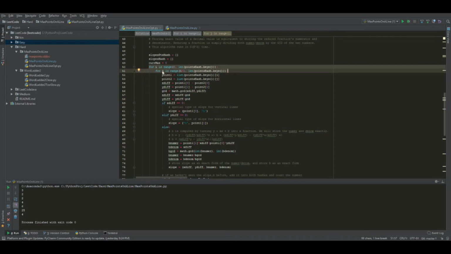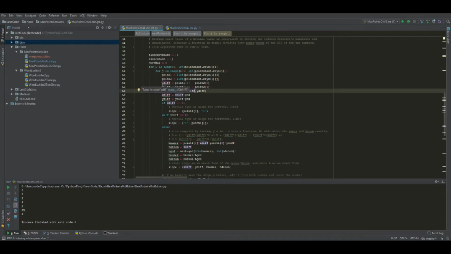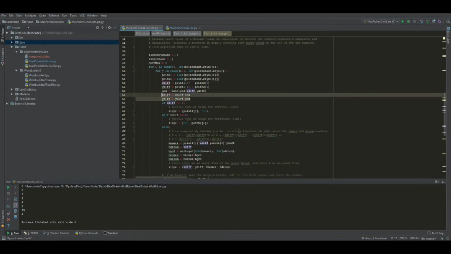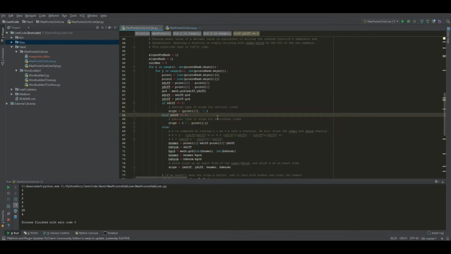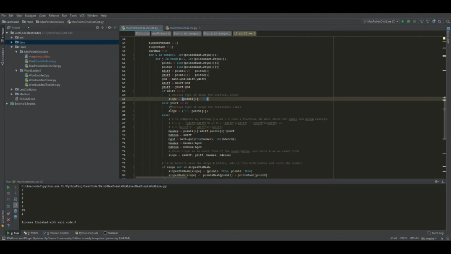So it starts off the same, right? For every coordinate i, j, compute the m, delta x and delta y. And then actually there is a small edge case where if the line is vertical or horizontal, we just need to hash that line, right? Because the vertical line may not have a b-intercept, so we shouldn't try to compute the b-intercept there. And the horizontal line obviously has a b-intercept.